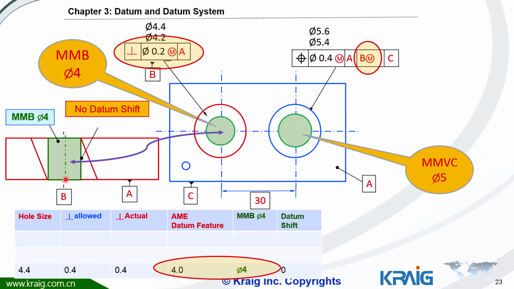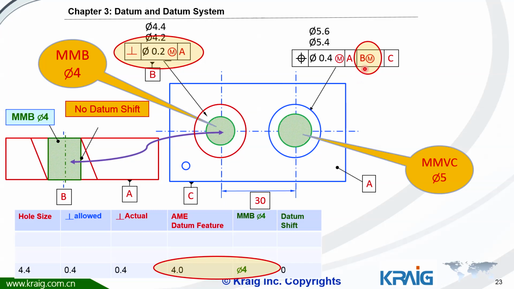The actual is 0.4, so the hole is tilted. Right? It's tilted. And you can imagine 4.4 tilted 0.4. Then you push the M4 bolt inside. There's no room to move the part.